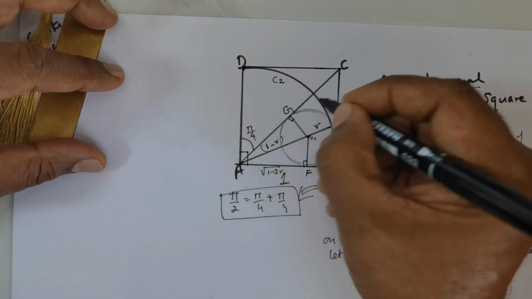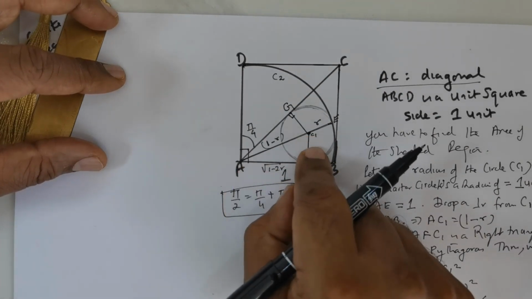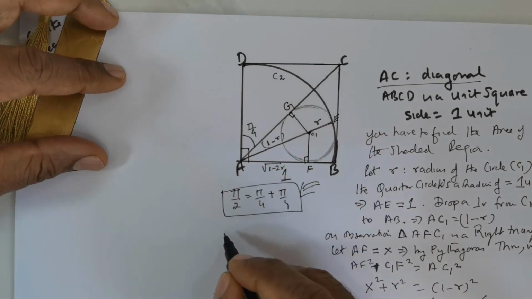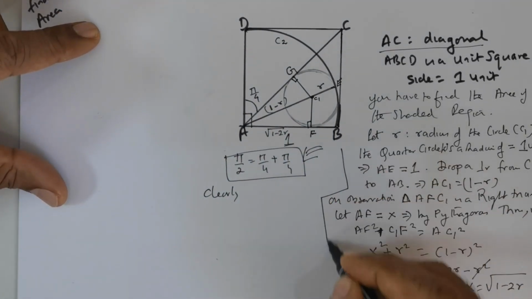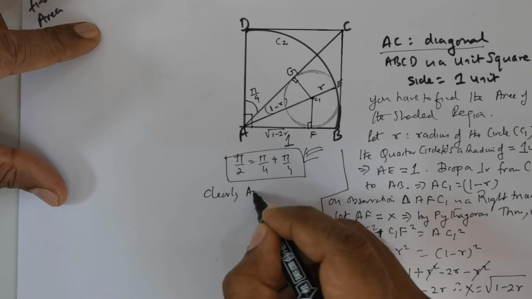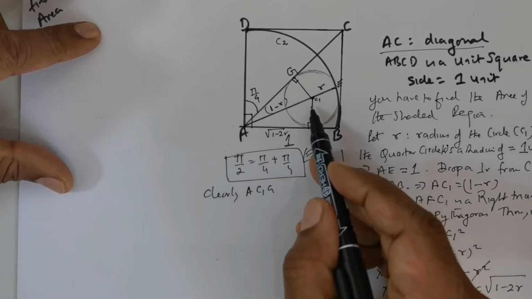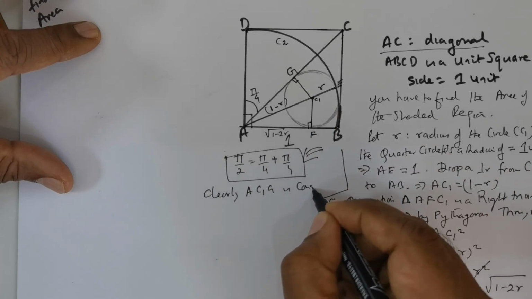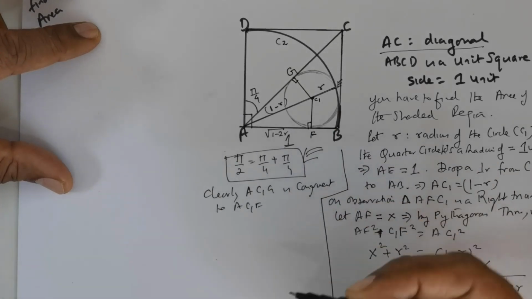Let me take this point as G. So clearly AC1G is congruent to AC1F, isn't it?